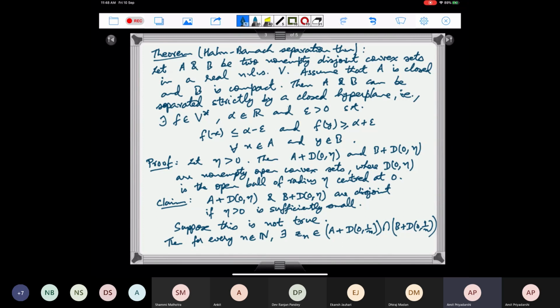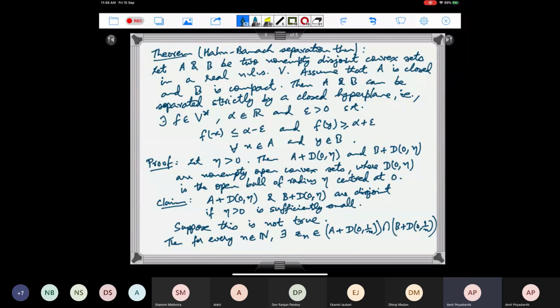For every point you first find neighborhoods such that these are disjoint, and then you get an open cover of the set B, and then you can take a finite subcover, which will give you this.